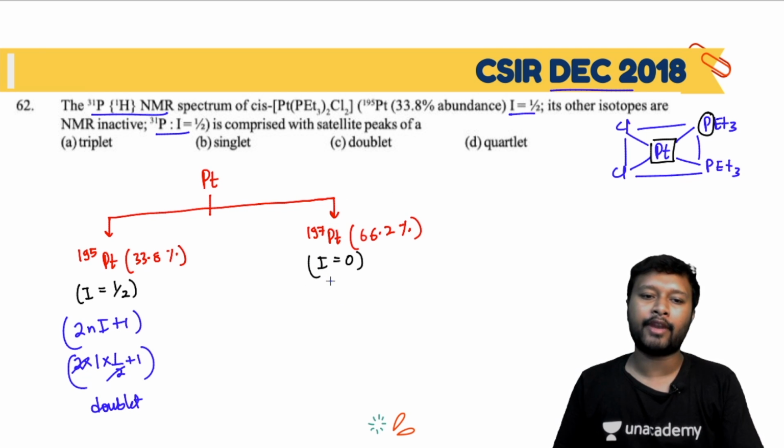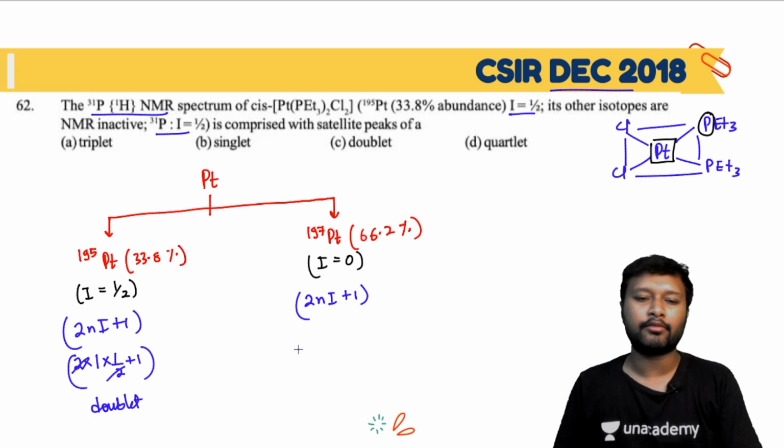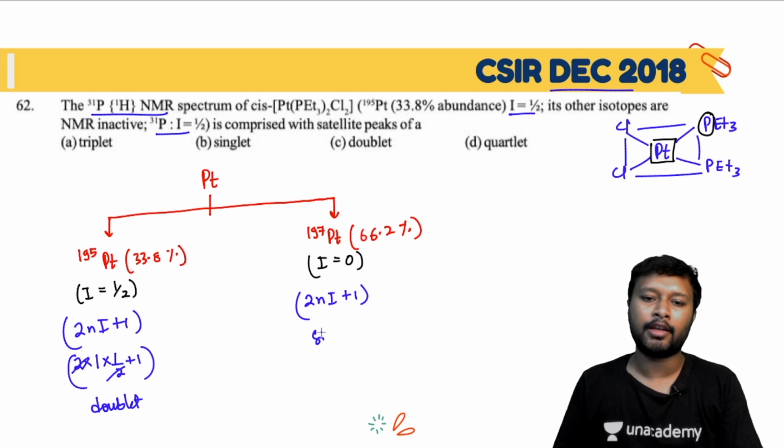Here the number of lines will be I plus 1, and if I value is 0, it will just give you a single line, a singlet. Now how is your spectrum going to look?